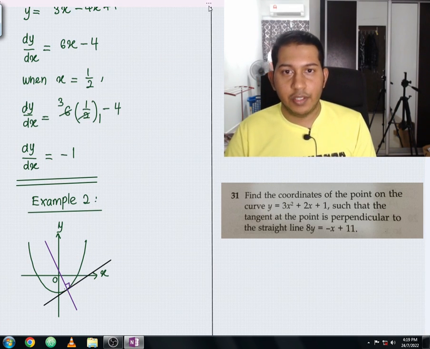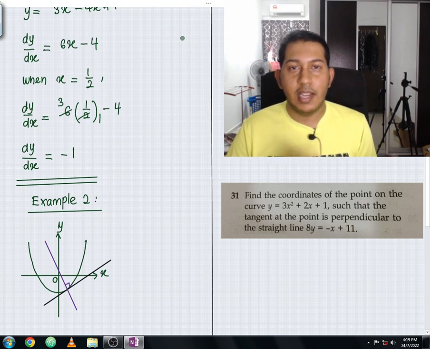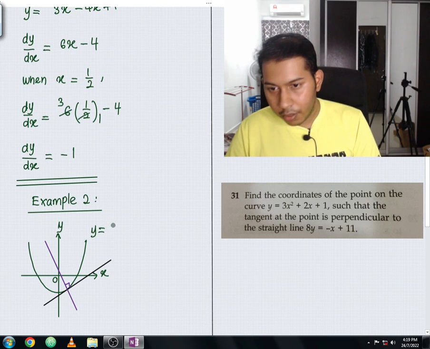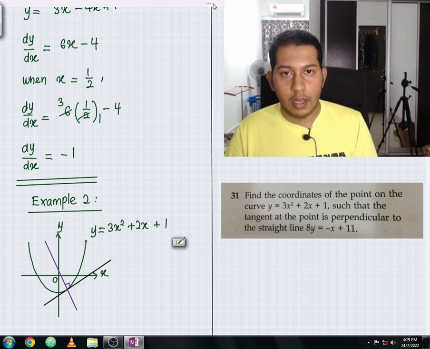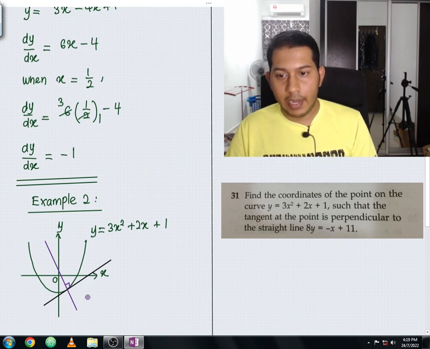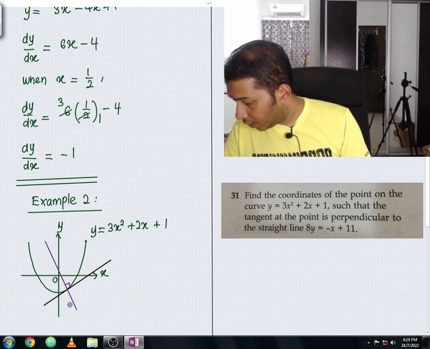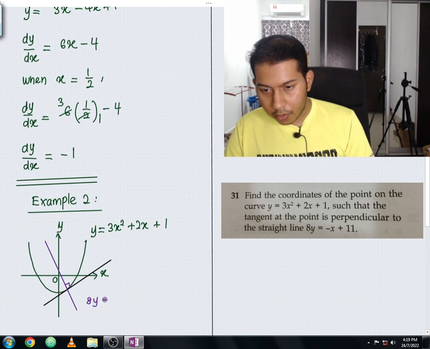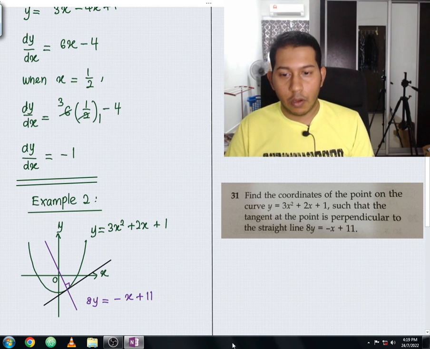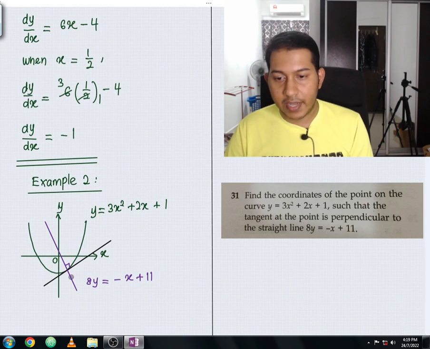So from here, once you draw the diagram, it makes things easier. This curve line you can just write y equals 3x squared plus 2x plus 1. And for the perpendicular straight line, you can just write your equation where 8y equals negative x plus 11, or to make things easier, you just express in terms of y.